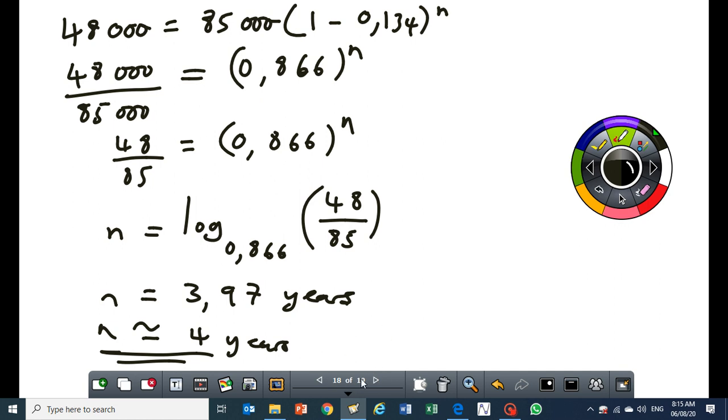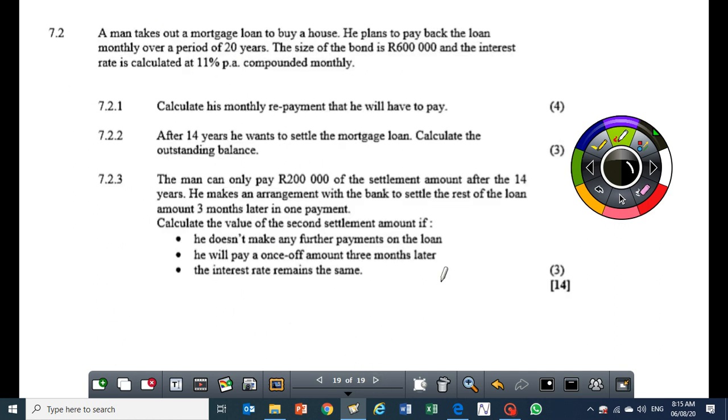Then the second part of the question says a man takes out a mortgage loan to buy a house. He plans to pay back the loan monthly over a period of 20 years. The size of the bond is 600,000 rand, and the interest rate is calculated at 11% per annum compounded monthly. Calculate his monthly repayment.